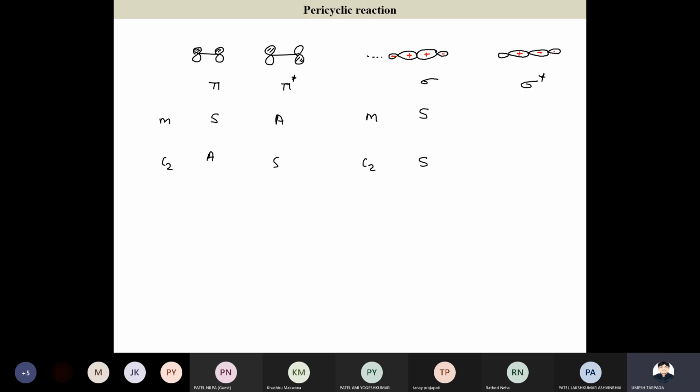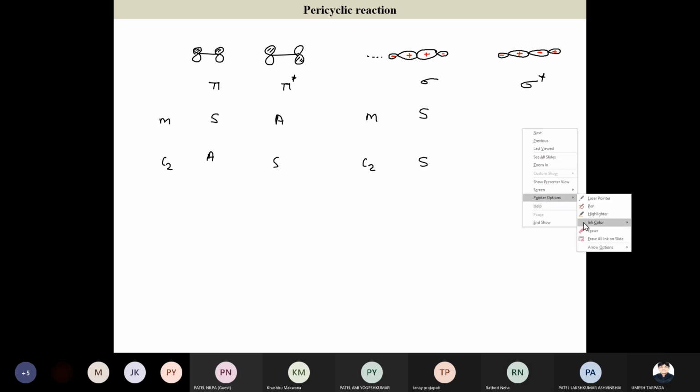This is called antibonding. What happens in both cases? Different. Both are asymmetric.